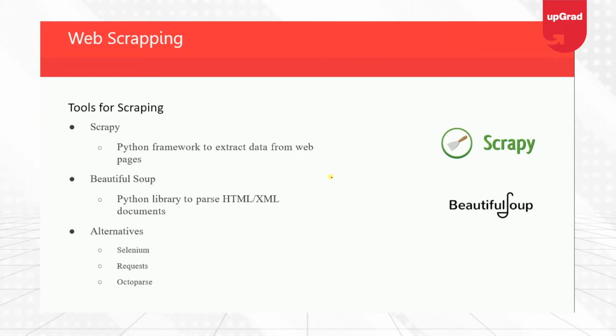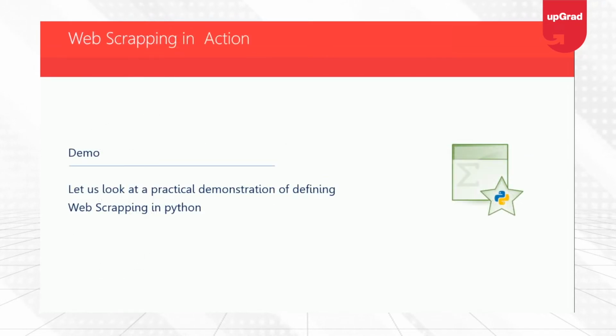Alright, so now we have a clear understanding of the tools which are available in Python for web scraping. Let us start with a practical demonstration on how to implement web scraping using the Python tools. For this, we'll be using some modules such as requests in Python as well as BeautifulSoup.